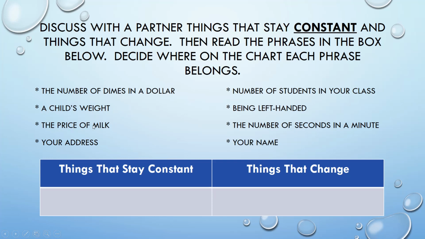How about the price of milk? That actually is going to change. So when your parents were younger, when I was younger, milk did not cost as much money as it does now. What about your address? Constant or change?